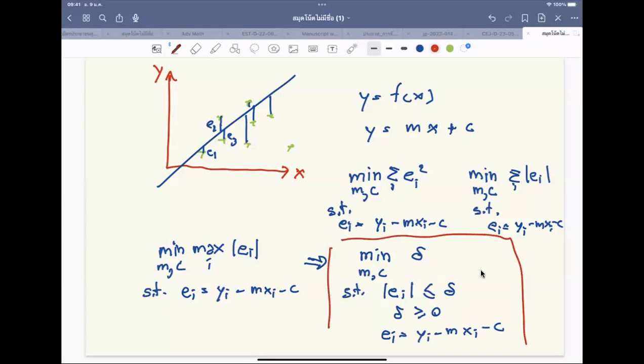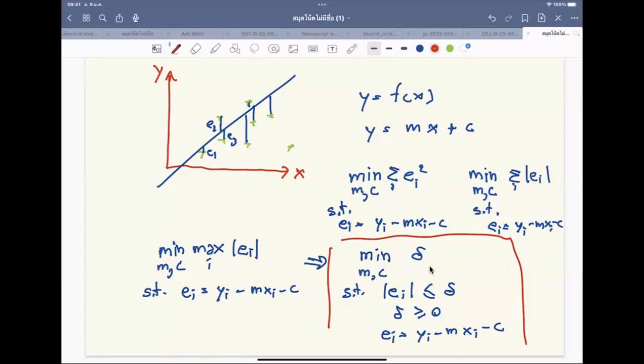This one is not a minimax optimization problem, but it is a result from reformulation of a minimax optimization problem. Okay, you understand the concept of minimax, right? But what we formulate here, you see that we set the maximum error. We call that maximum error delta.